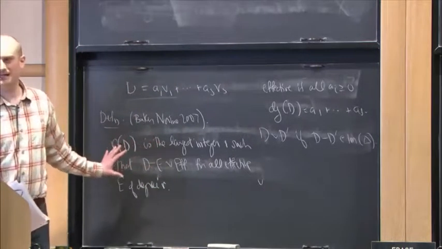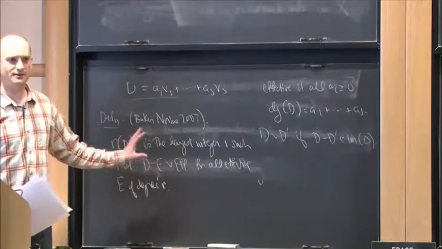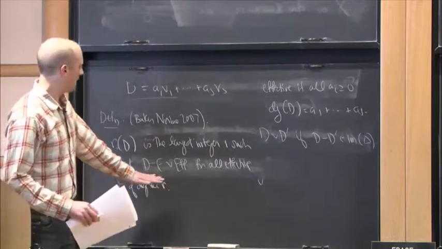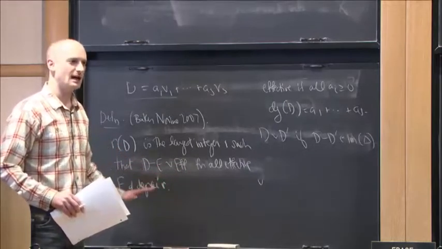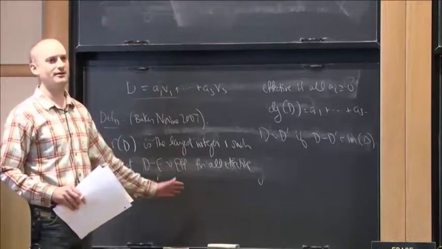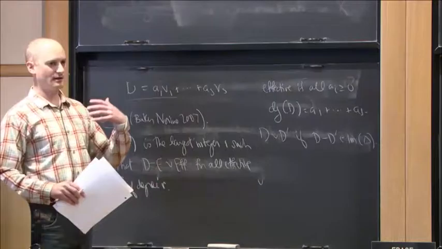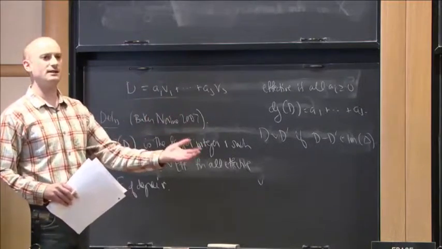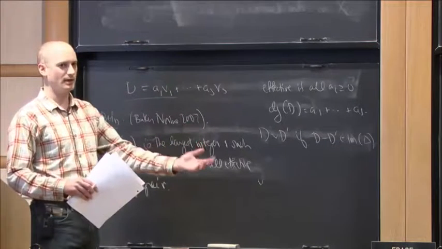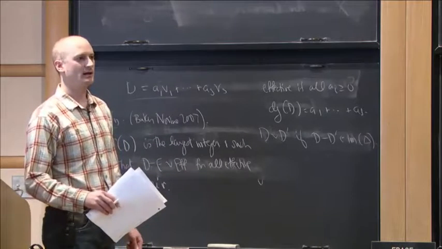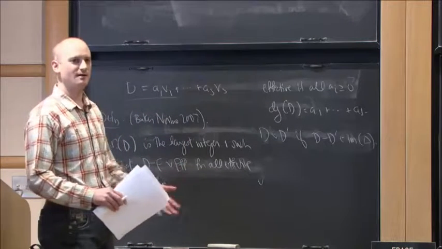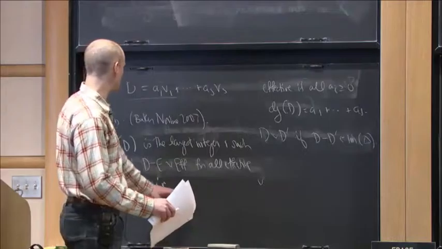I know it takes a few times to parse the definition, the first couple of times you see it. But you could actually make an analogous definition of rank of complete linear series on an algebraic curve: if you have a divisor on a curve, it moves in a linear series of dimension 1 if and only if it sweeps out every point on the curve. And it moves in a linear series of dimension 2 if and only if it sweeps out any 2 points.